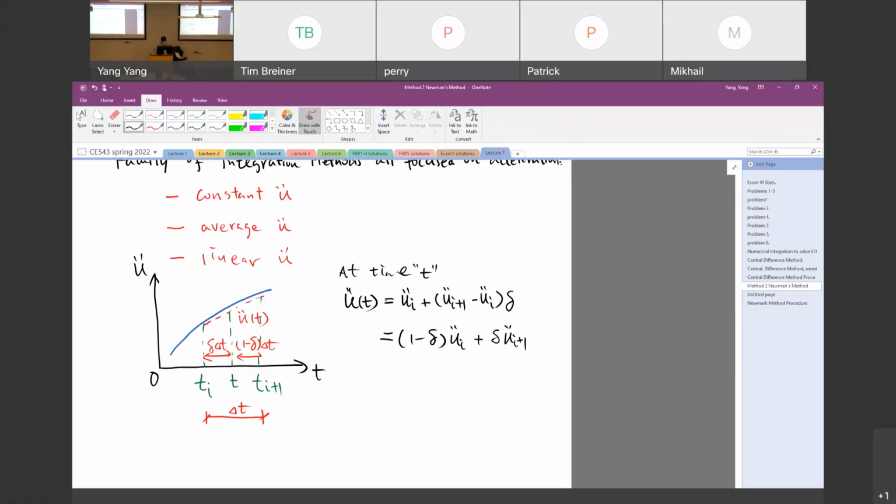Based on this, if we know the acceleration, we should be able to calculate the velocity, because the velocity is the integration of the acceleration.